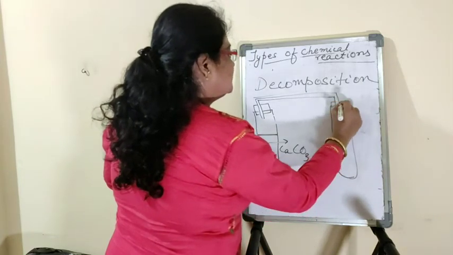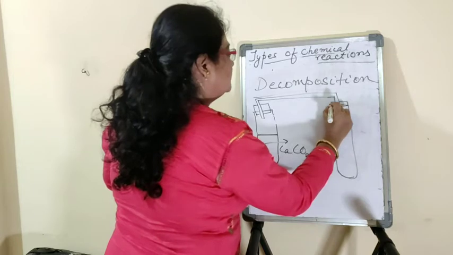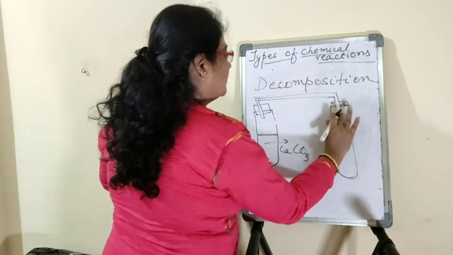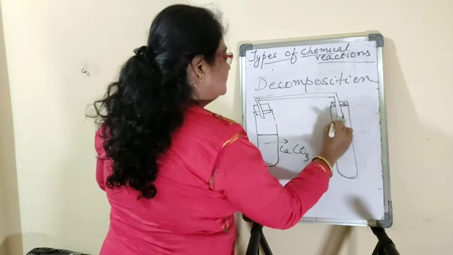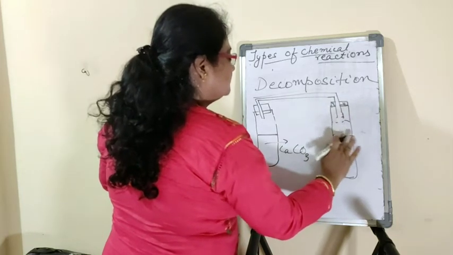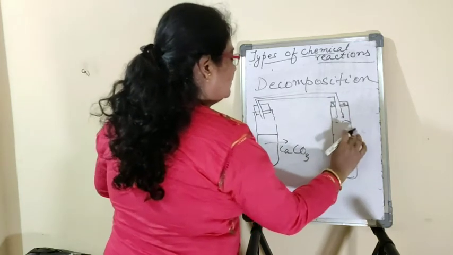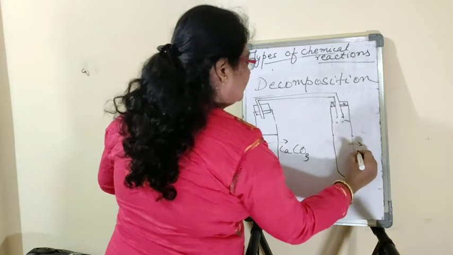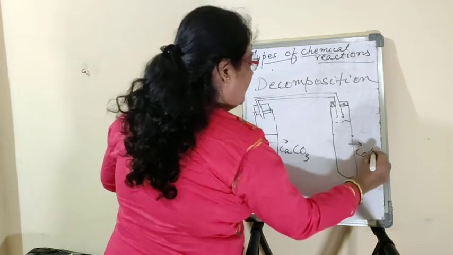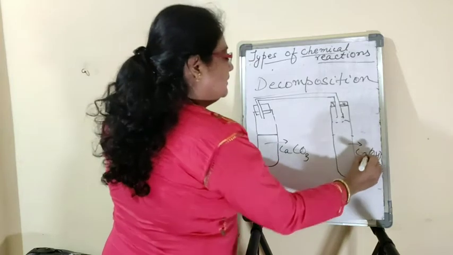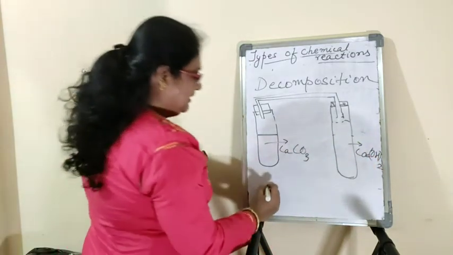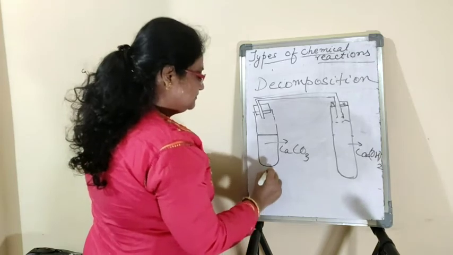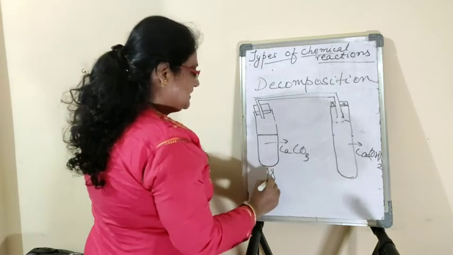Cover this test tube also with a cork, and in it take lime water, which is Ca(OH)2. Now heat the calcium carbonate.